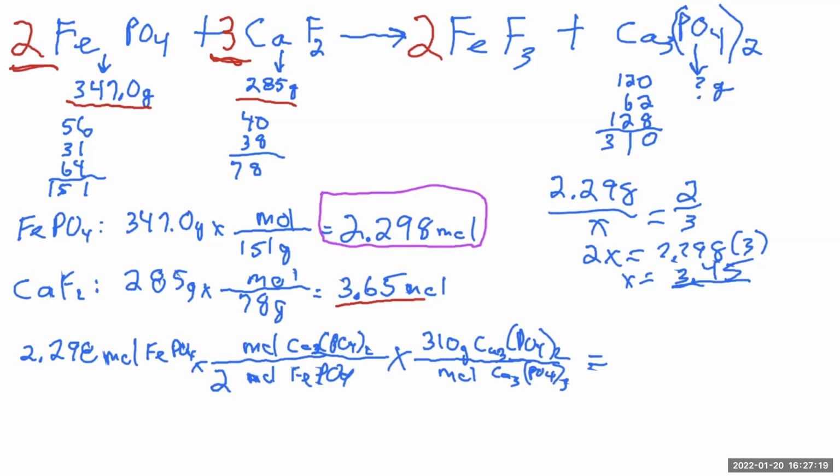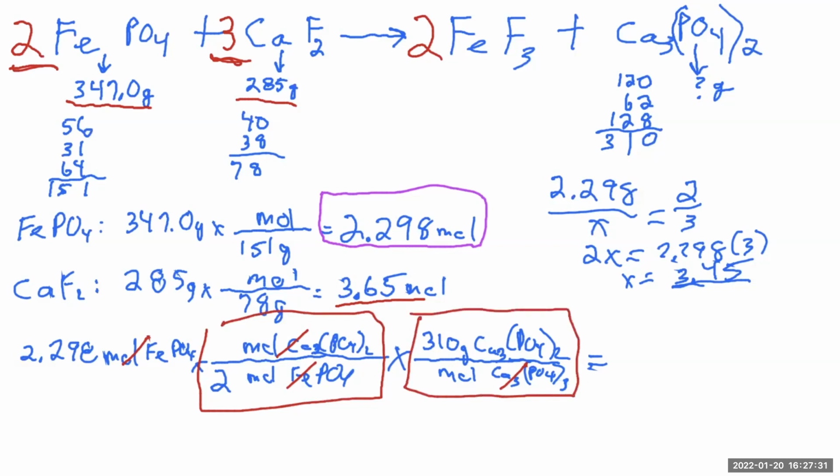Make sure everything cancels. So moles of iron phosphate, moles of iron phosphate, moles of calcium phosphate, moles of calcium phosphate. And make sure each one of these is equal to 1. We got 2 moles of iron phosphate, and we got 1 mole of calcium phosphate, from our balanced chemical equation.